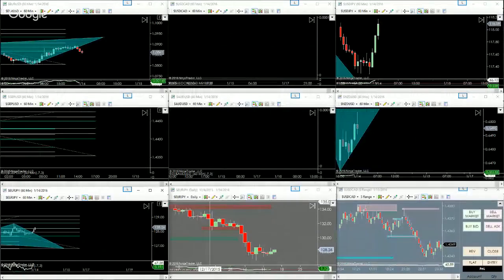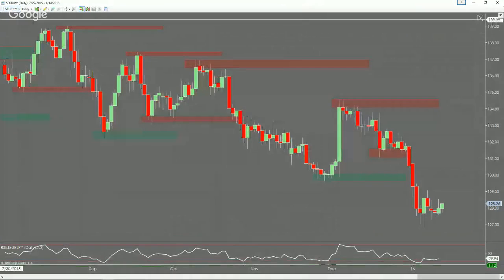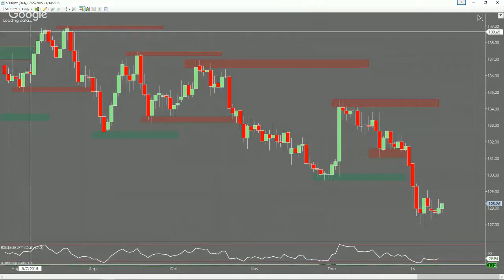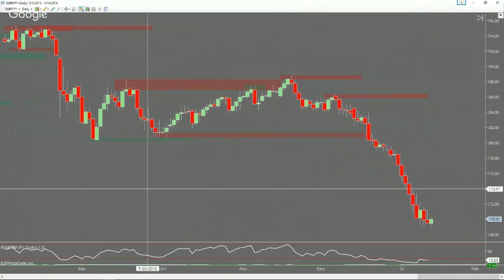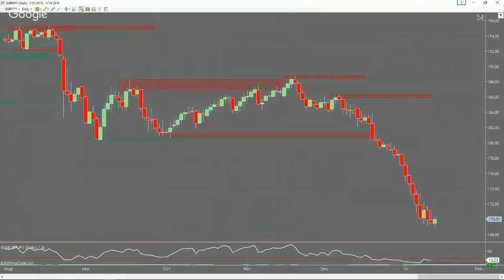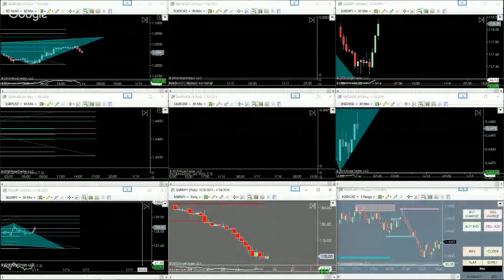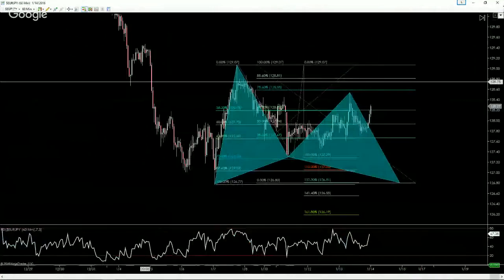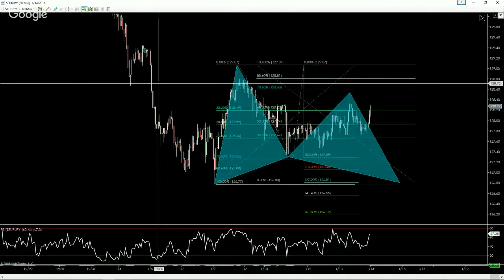And lastly, we have pound yen. So bearish, and RSI is still in that oversold.